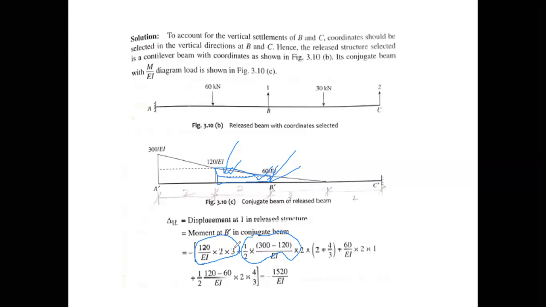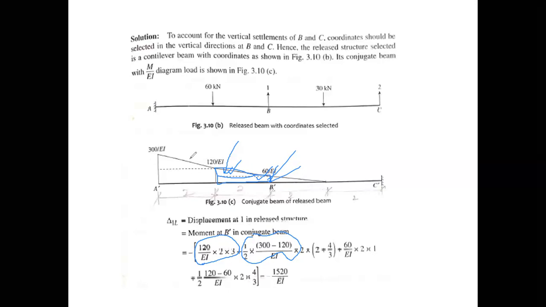Similarly, we have calculated this multiplied by the distance. Then for this one, it will be 120 upon EI multiplied by this.